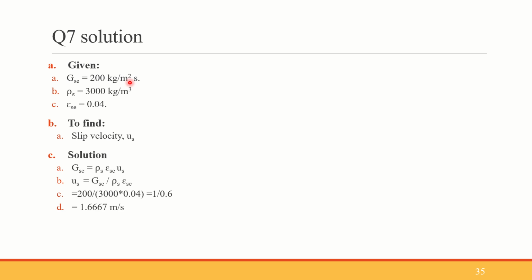For that solution, GSE is equal to rho S into epsilon SE into US, and US is equal to GSE divided by rho S into epsilon SE.